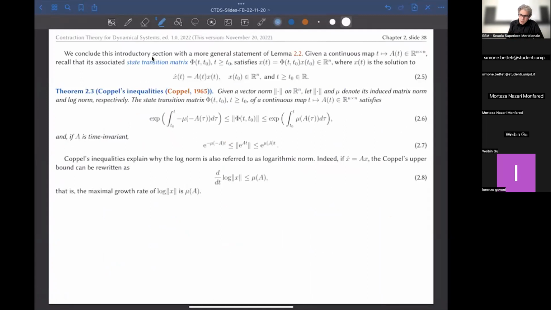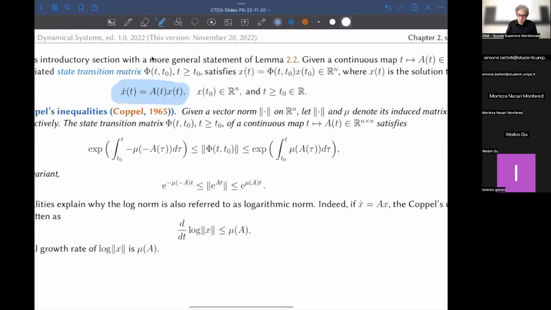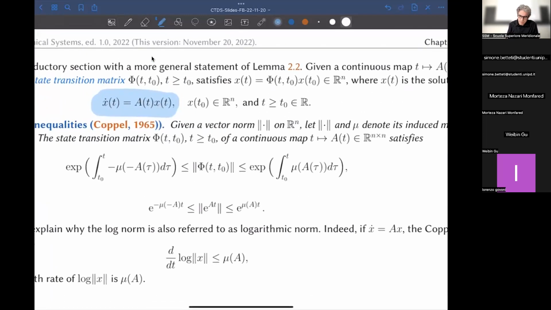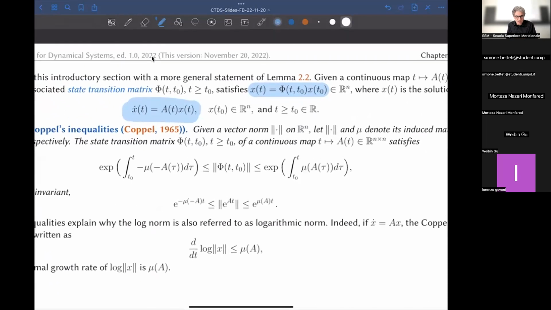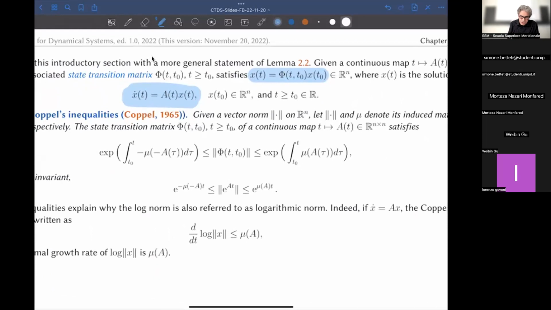So for example, imagine I have an inputless continuous time system with the matrix A, however, that is time varying. So it's a time varying continuous time linear system. Then you may remember from your controls class or from some other courses that the solution can always be written using the so-called state transition matrix. So there exists a matrix valued function phi, given the initial time t naught and an arbitrary time t, phi at t naught, t.